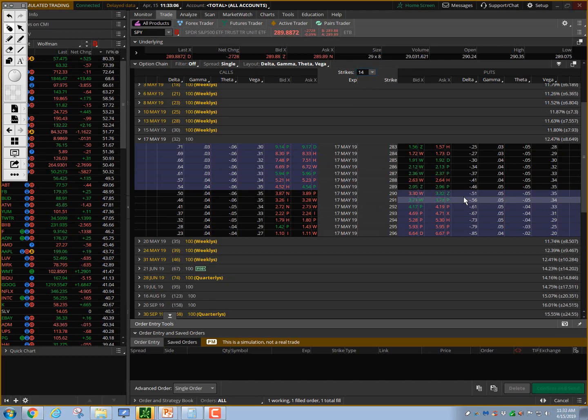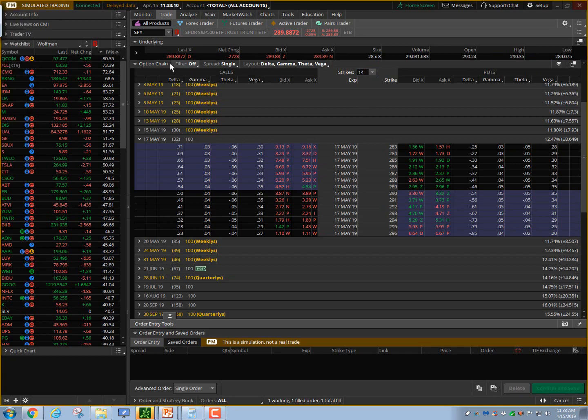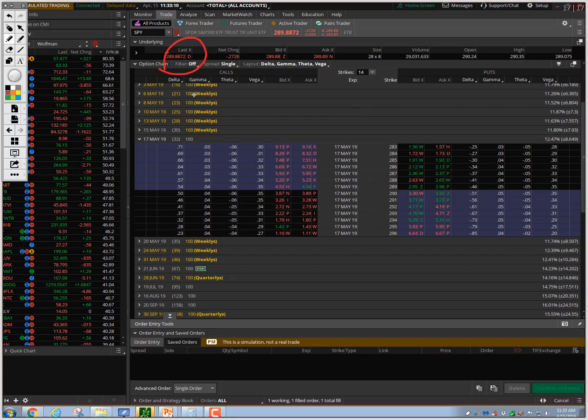So if the market goes from 289 to 290, just like we were talking about before, it goes to 290.88, we've gone up by $1, it will decrease by $1 on the premium.